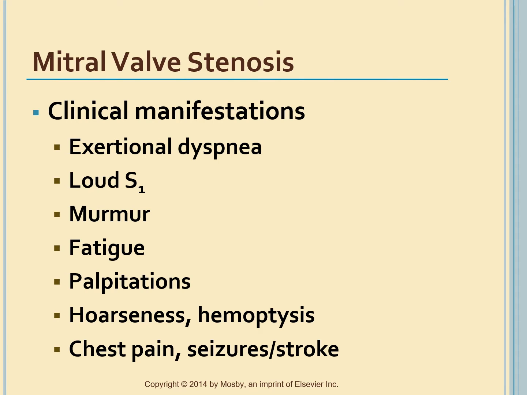So we don't have a lot of volume, so decreased cardiac output. And seizures and stroke would be secondary to emboli from our atrial fibrillation. So we do have to take into consideration the symptoms that we would also get from AFib, since this is a common complication secondary to mitral valve stenosis.